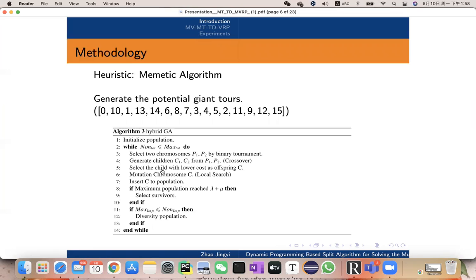It combines the advantages of both the population-based approach, which can explore a very wide range of search space, and the local search operators, which make the search intensive.